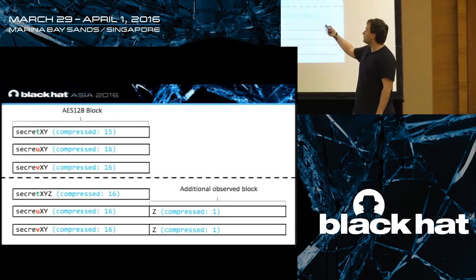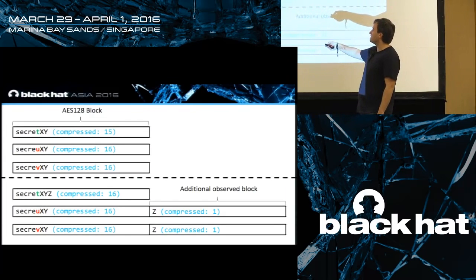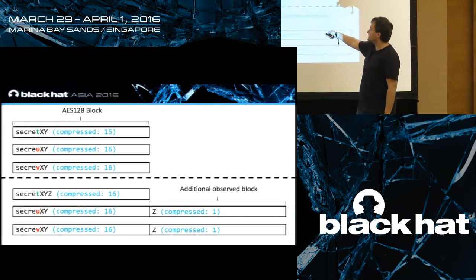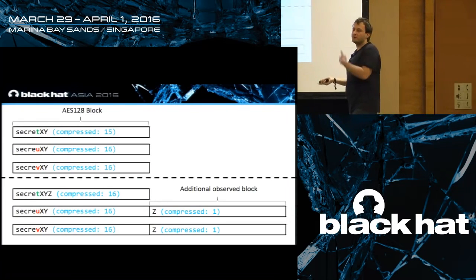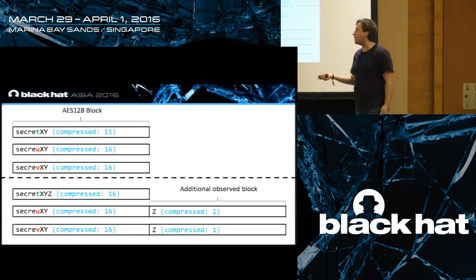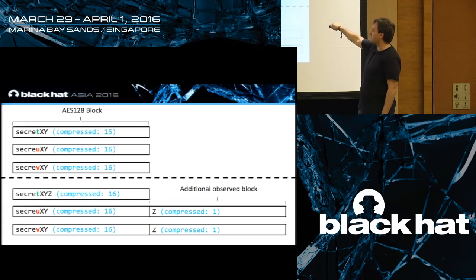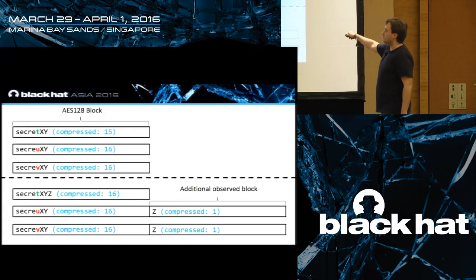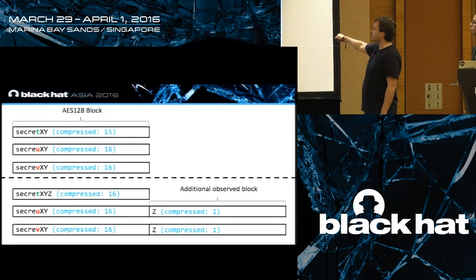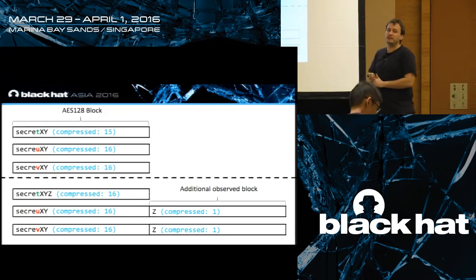So let's say for example, we know the first 5 characters of the secret, it's secret, and then we're trying to guess if it's T or U or V, right? And the red ones are the wrong ones, and T, of course, the green one, is the right one. And you can see we have added some padding at the end, XY, and that XY was the wrong padding. So this compresses to 15, 16, 16, but because it's encrypted with AES, this is rounded up to 16 exactly.